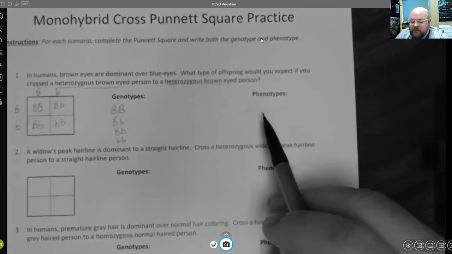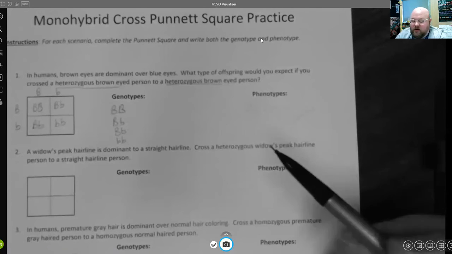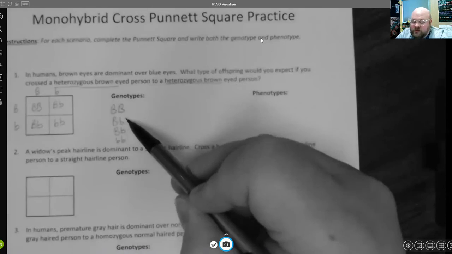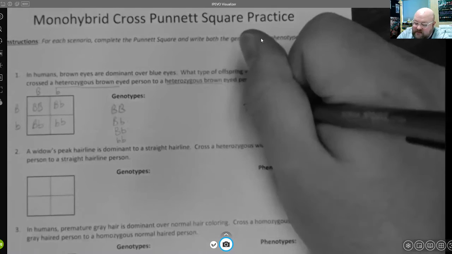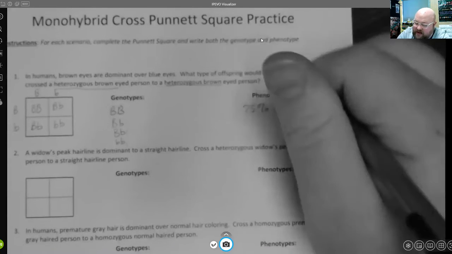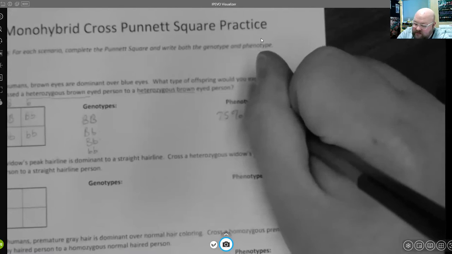Okay, for phenotype, let's look at our different probabilities here. We know that if we have 1, 2, 3 possible dominant chances of having heterozygous or homozygous brown eyes, that's a 75% chance that we have brown eyes.